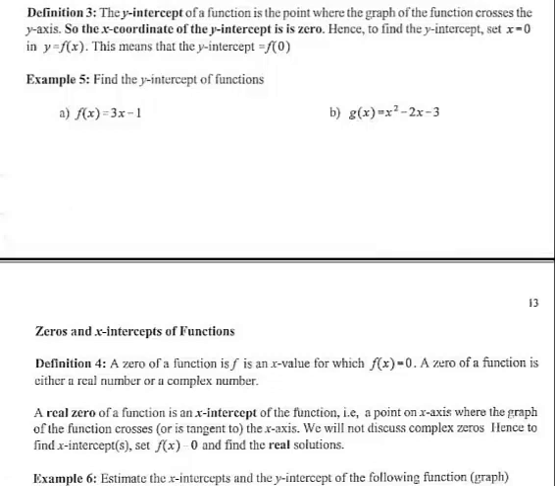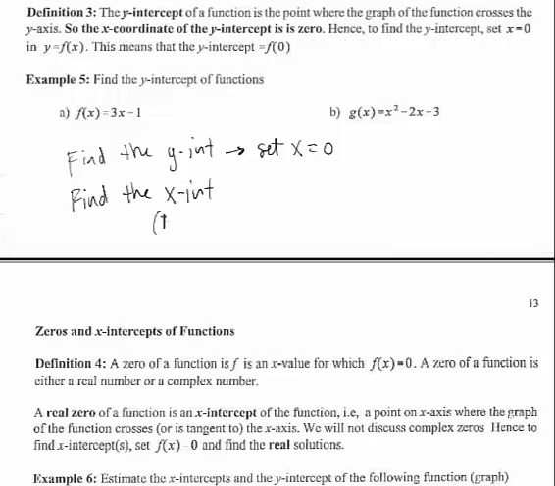Okay, the rule is simple. If we want to find the y-intercept, or simply the location where we cross the y-axis, then we set x equal to 0. If, on the other hand, we want to find the x-intercept, or in other words, the zeros, then we do the opposite.